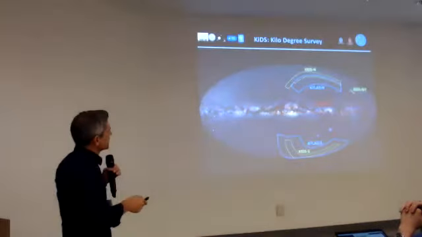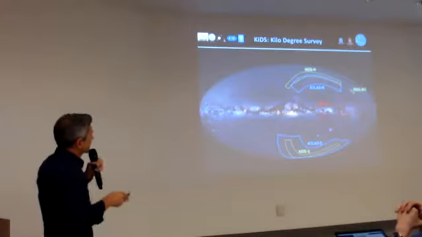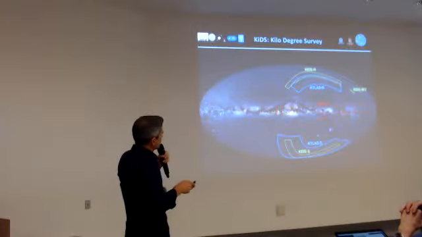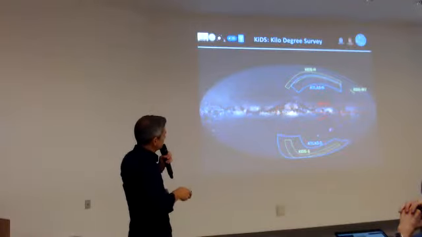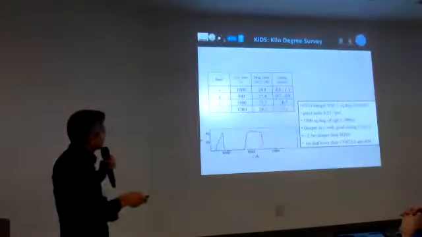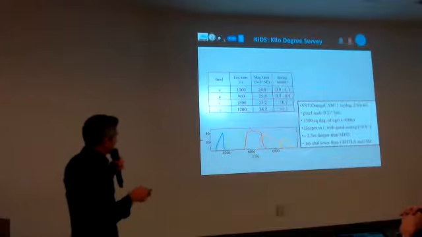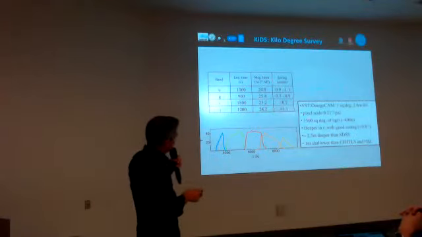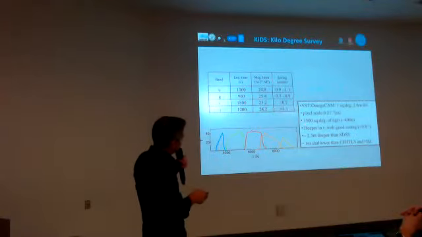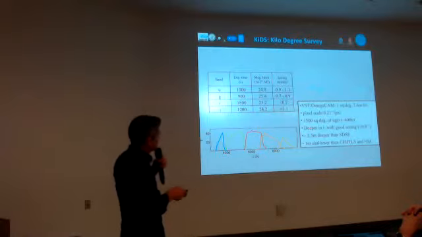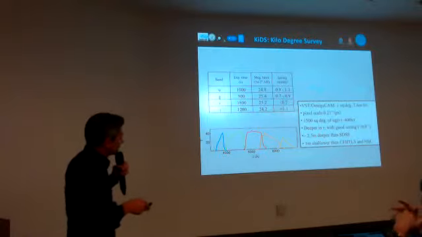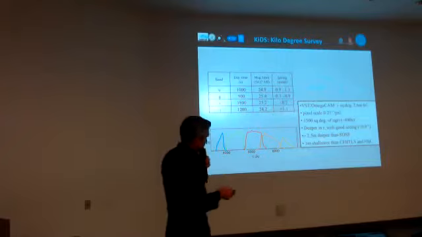But with this telescope we are actually observing a large area of the sky with the KiDS survey. This is a deep survey, which you may have already heard about, covering 1500 square degrees of the sky, and it is 2.5 magnitudes deeper than SDSS.